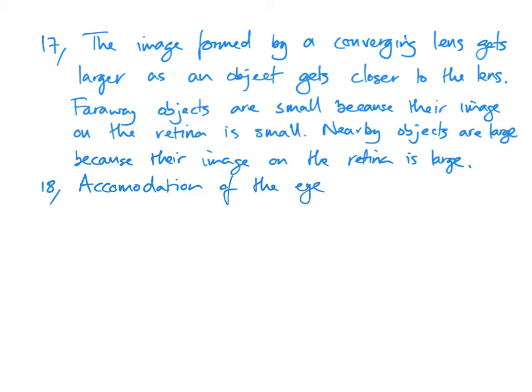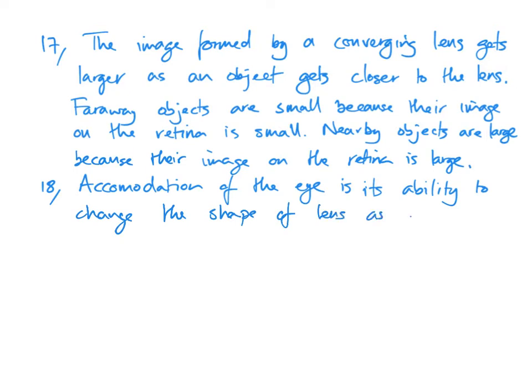So accommodation of the eye is its ability to change the shape of the lens as objects get closer or further away.